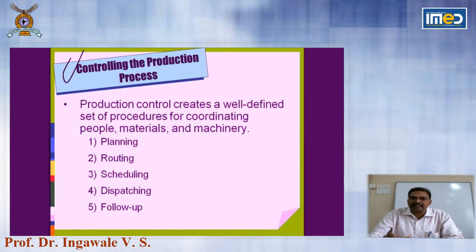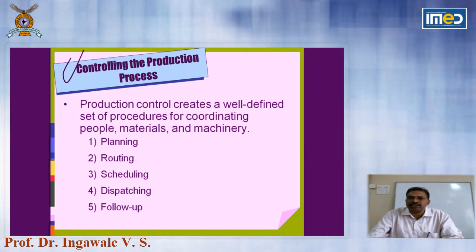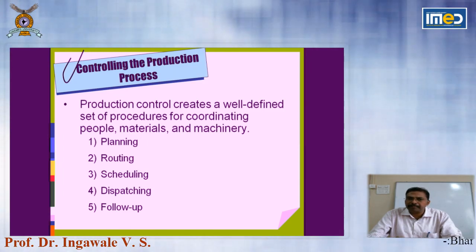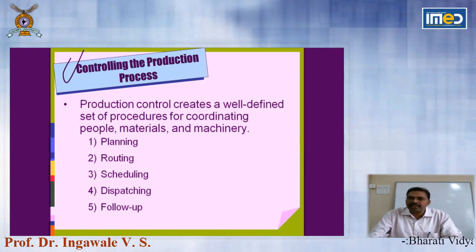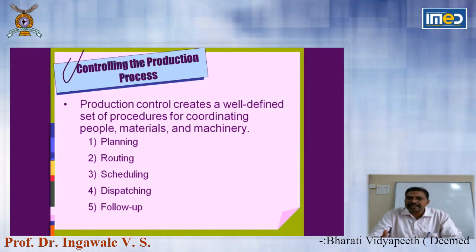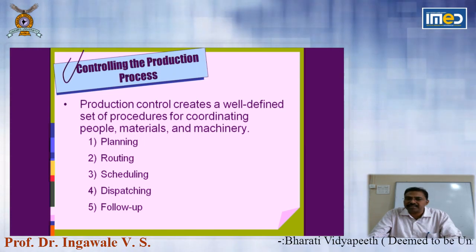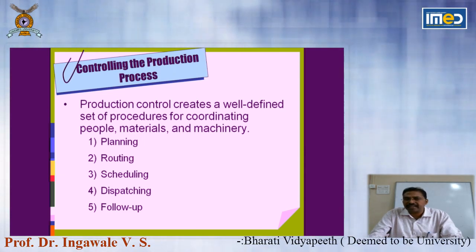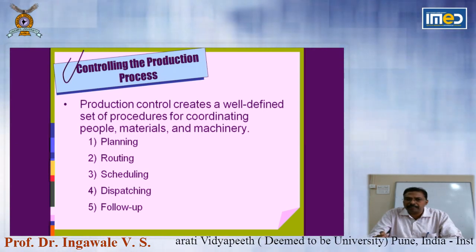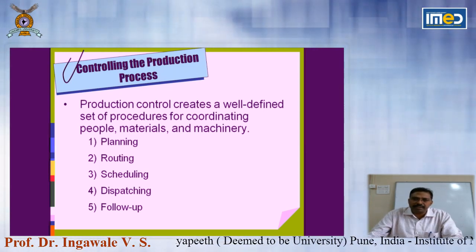The next concept is controlling the production process. Production control creates a well defined set of procedures for coordinating people, material and machinery. Here various steps are there. First is planning, then routing, scheduling, dispatching and follow-up. These are very important steps. There are other steps also, but these are the very important ones.